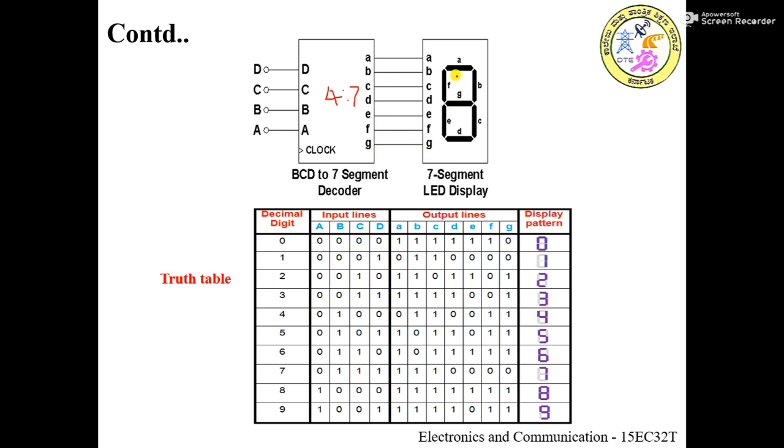Now this is how the 7 segment display looks. Let's say I want to display 0. I will show only a few displays here. This is the truth table, and it depends upon which type of 7 segment display you are using.